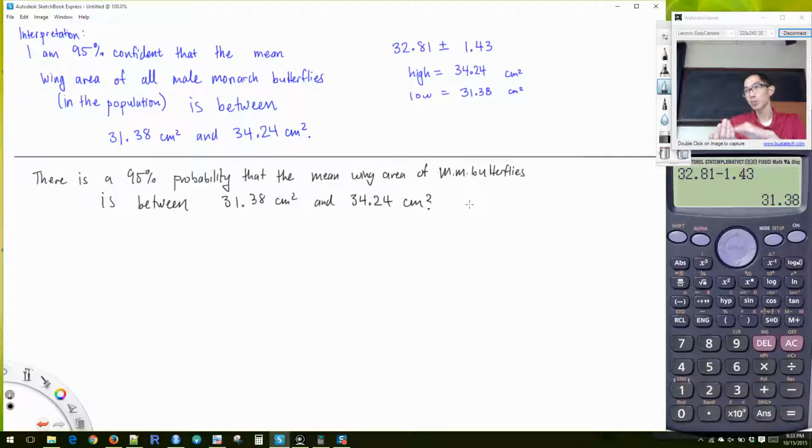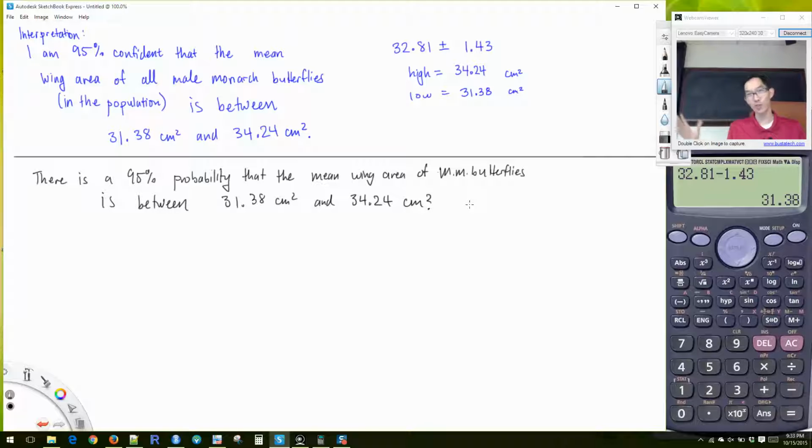So at this point, all you can say is, I am 50% confident that it has landed heads. Okay? So in the same way, it landed heads, by the way. When we're talking about the mean wing area of butterflies in the population, that is a number that's set, okay? If we could freeze time right now, we could find all the butterflies in the world. This would be the population of monarch butterflies.